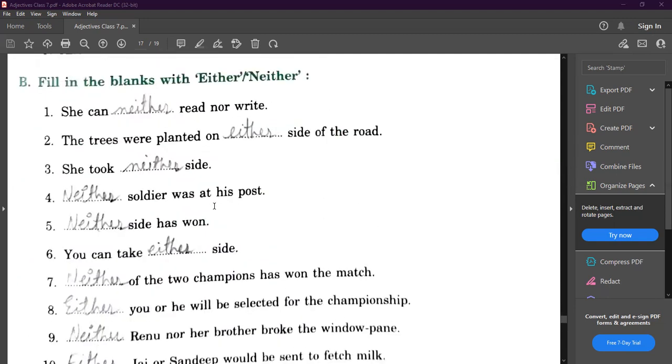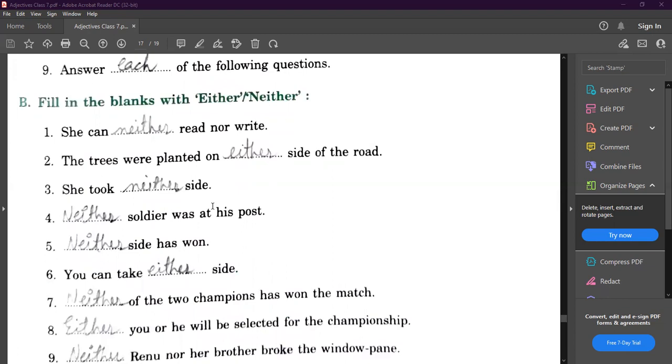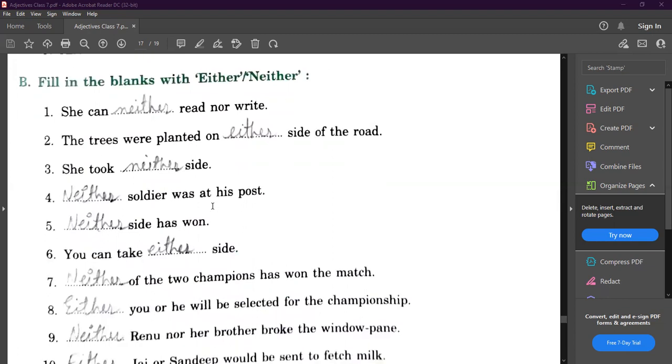Answer each of the following questions. Fill in the blanks with either or neither. She can neither read nor write. Neither दोनों के लिए आएगा, है ना? ना तो read कर पा रही है और ना ही write कर पा रही है. Okay. The trees were planted on either side of the road. दोनों साइड में से किसी एक साइड पे, एक के लिए either.